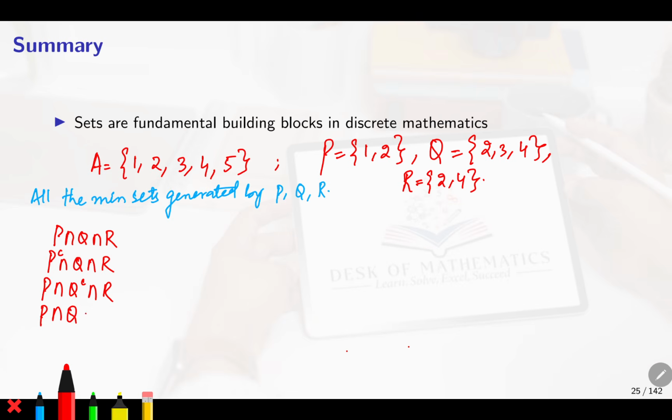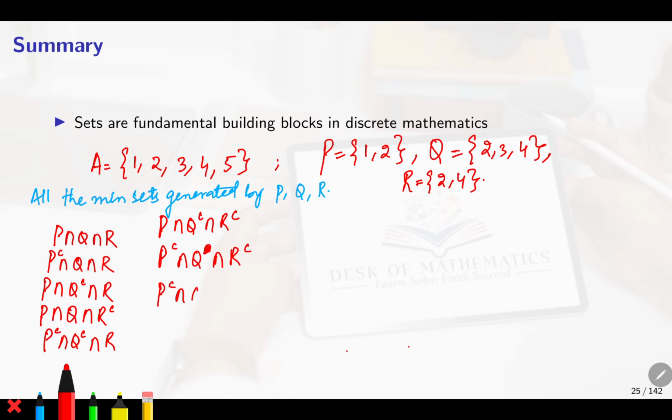P intersection Q intersection R complement is another one. P complement intersection Q complement intersection R. P intersection Q complement intersection R complement. P complement intersection Q intersection R complement. And similarly, P complement intersection Q complement intersection R complement.